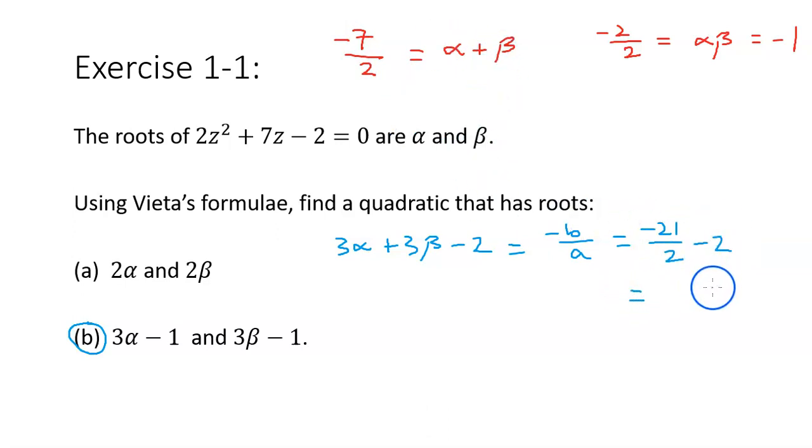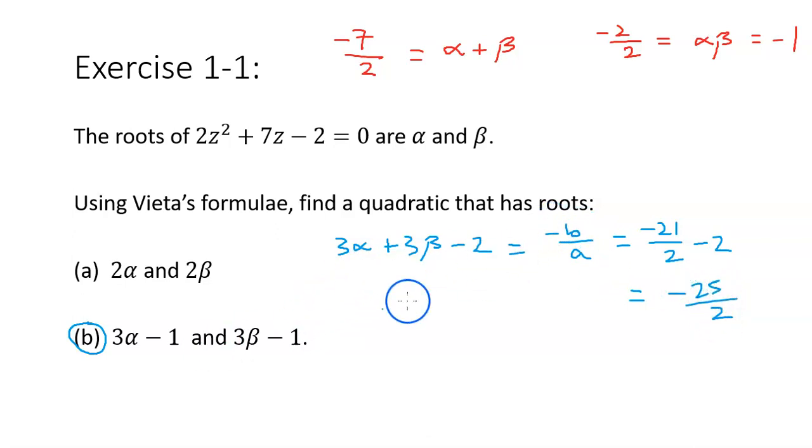And as a fraction, what's a nice way to write that? Minus 25 divided by 2. Okay, so negative b divided by a is negative 25 divided by 2.